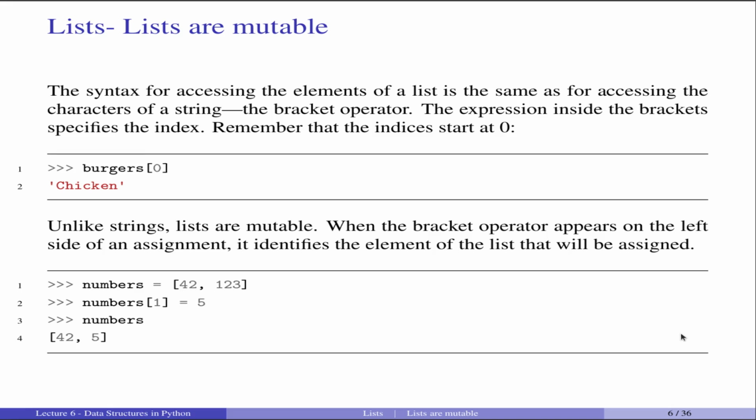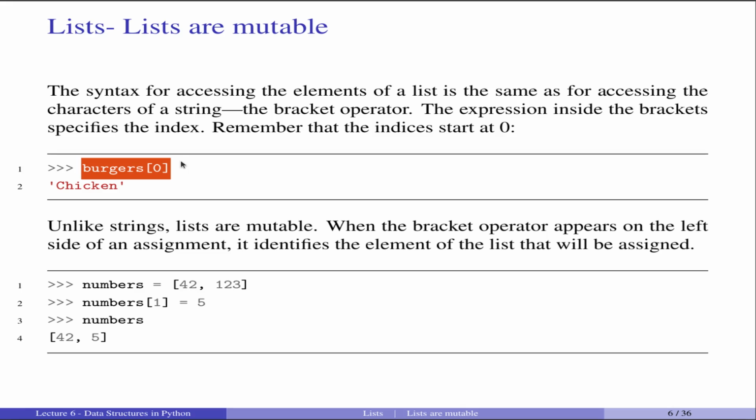I can call one specific element of a list by its index. Remember the indexes always start from 0, so the first element of my list has index 0, the second element has the next index which is 1, the third element has index number 2, and so on. Okay, so if I print the element at index 0 of burgers, then it will give me the output chicken, because the first element of the burgers list was chicken.